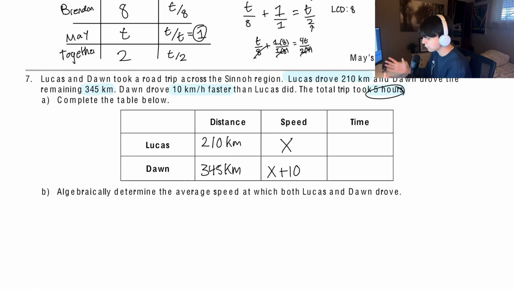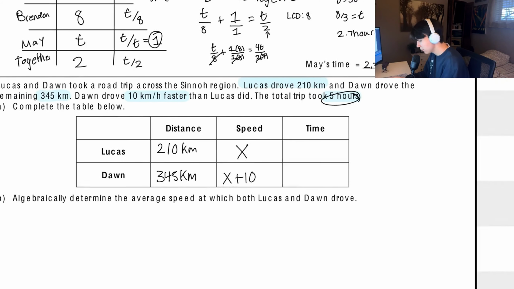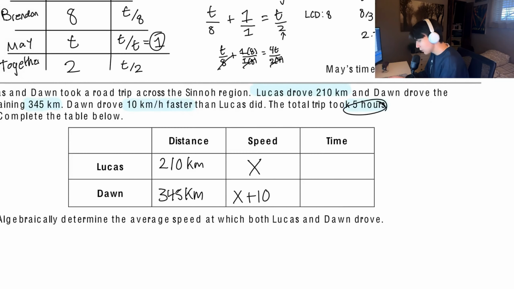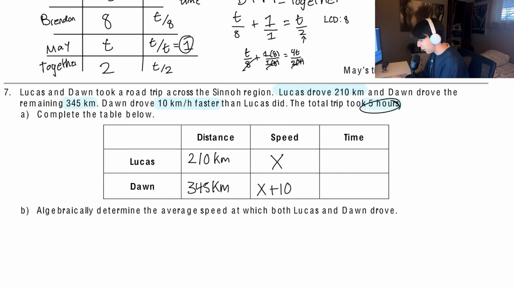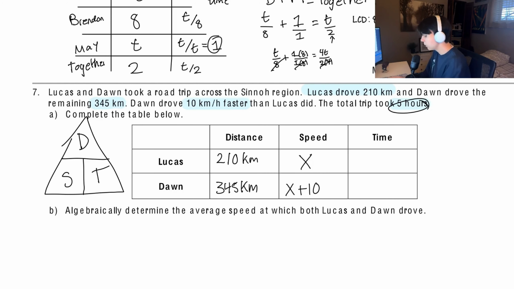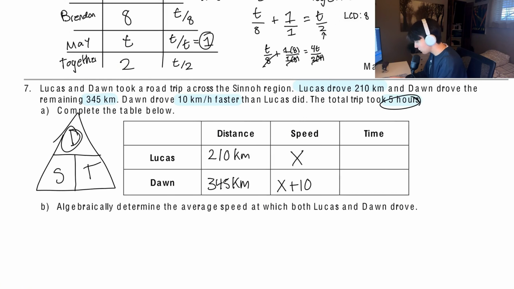Good. So now we've created an expression for speed. Now we have to create one for time. We have to ignore what the time is here for now, because that is not useful in our distance, speed, time chart. Remember, the way we find time in this case is we divide distance by our speed.